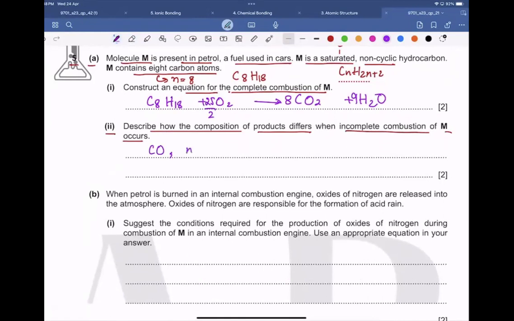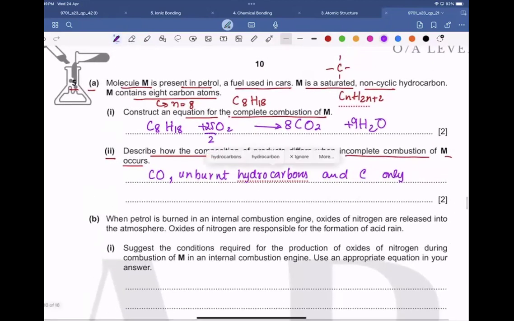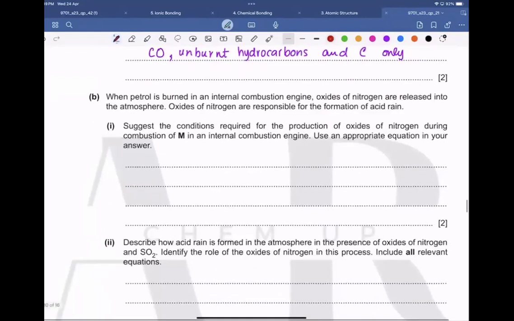We get unburnt hydrocarbons as well. And black soot can be seen, and carbon only as well. Is this clear? So these are the products, and further you can also write that there would be a less amount of carbon dioxide.